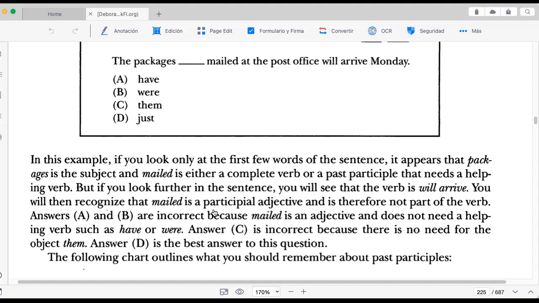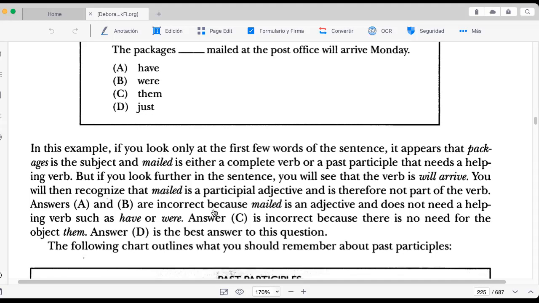Answers A and B are incorrect because mail is an adjective and does not need a helping verb such as have or were. Answer C is incorrect because there is no need for the object them. Answer D is the best answer to this question. The following chart outlines what you should remember about past participles.